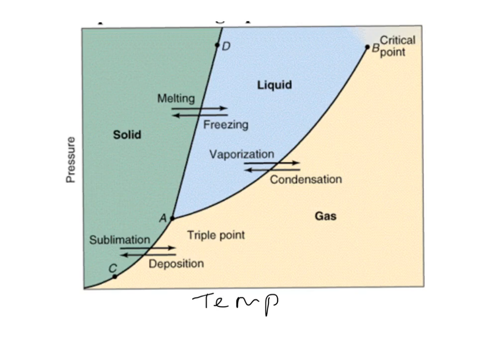Something I want to point out with them too is what's happening along the lines here. Because if we're going at a single pressure and gaining temperature, the solid will eventually melt into liquid and then eventually vaporize into gas. But what happens to it right on the line here?